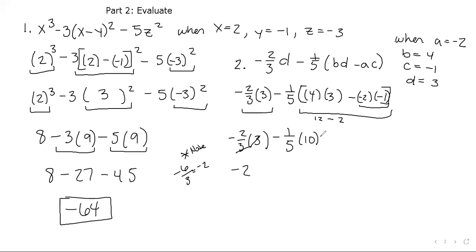The same with this one. Some of you will multiply this and say -10/5 and simplify it to be -2. Some of you will recognize that it will be 10/5 and you will go ahead and try to simplify it like this by crossing that out and putting the 1, crossing that out and putting the 2.